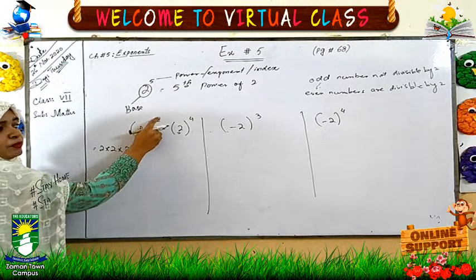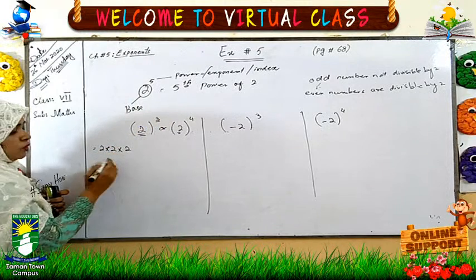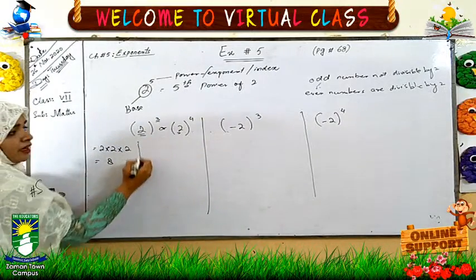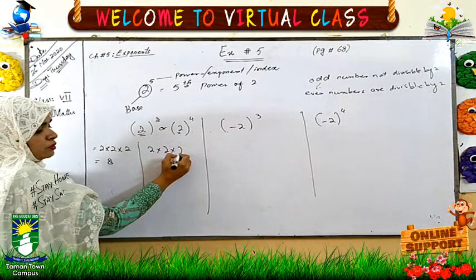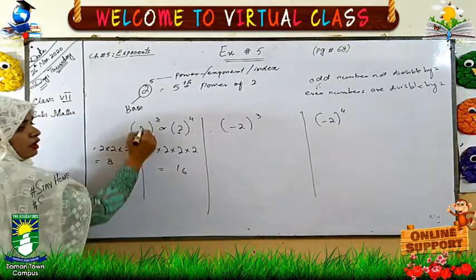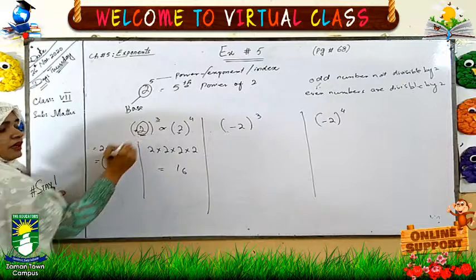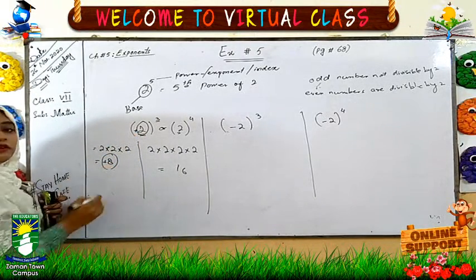Since I have 2 power 3, I will multiply 2 three times. 2 twos are 4, 4 twos are 8. Now, if I have 2 power 4, I will multiply 2 four times: 2 twos are 4, 4 twos are 8, 8 twos are 16. Now, if you look at your base and your answer, we do not have any sign, which means they are positive numbers. Your base is positive, your answer is positive.